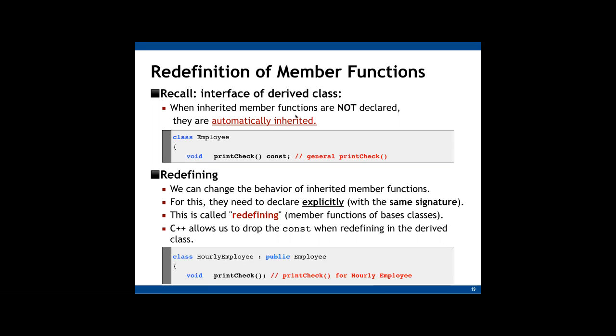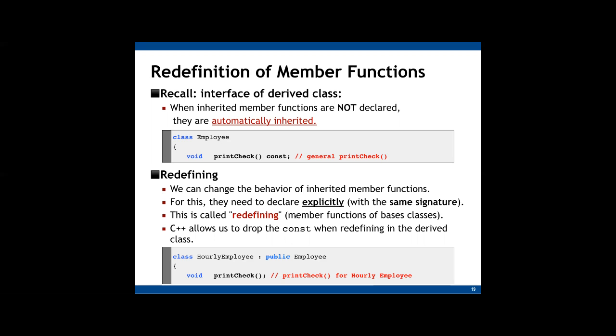But in some cases, you need to change the definitions of inherited member functions in the derived class so that they have a meaning in the derived class that is different from what it is in the base class. We call this redefining the inherited member functions.